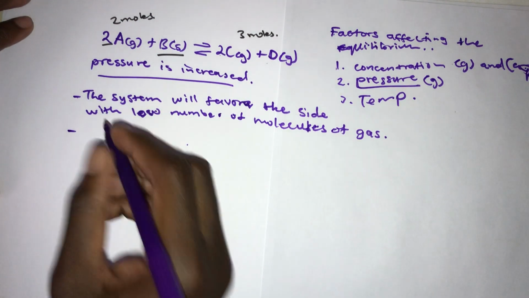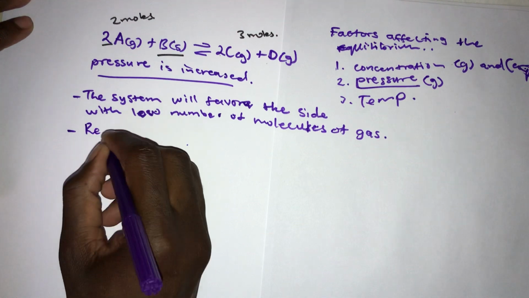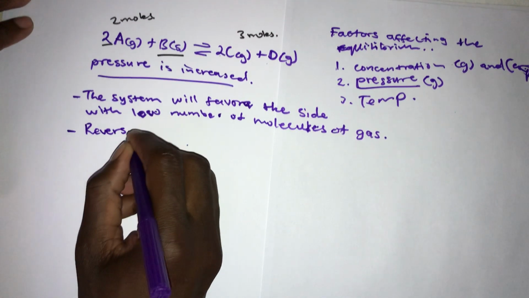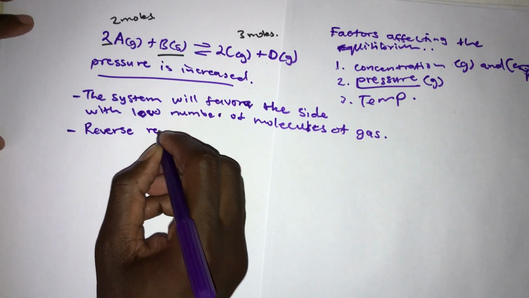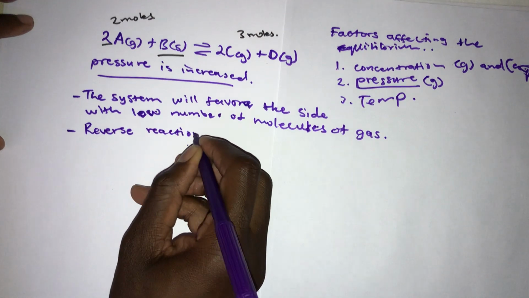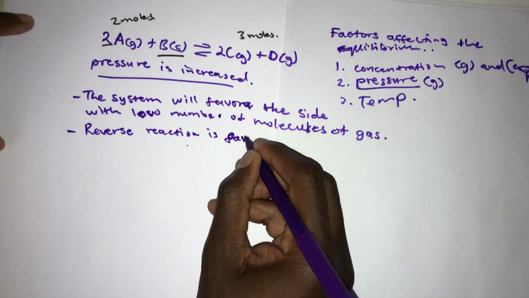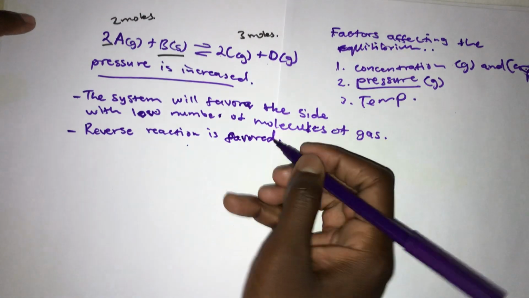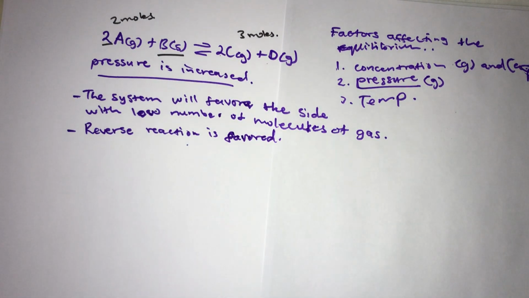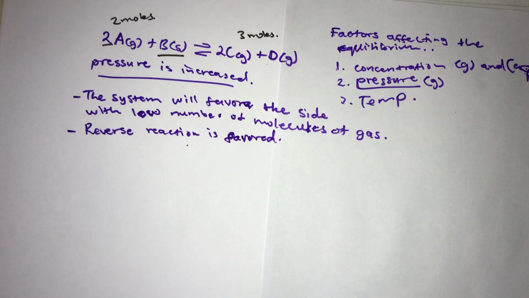So second point, the reverse reaction is favored. Why? Because it has fewer molecules.